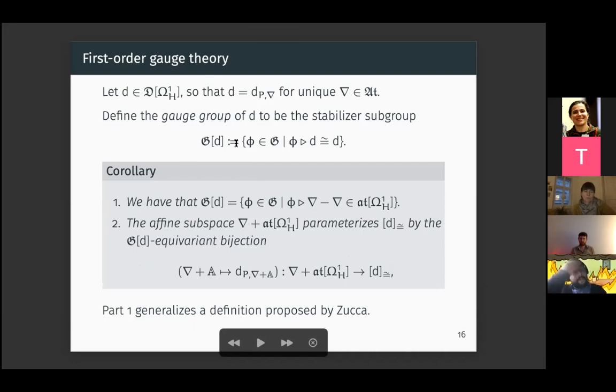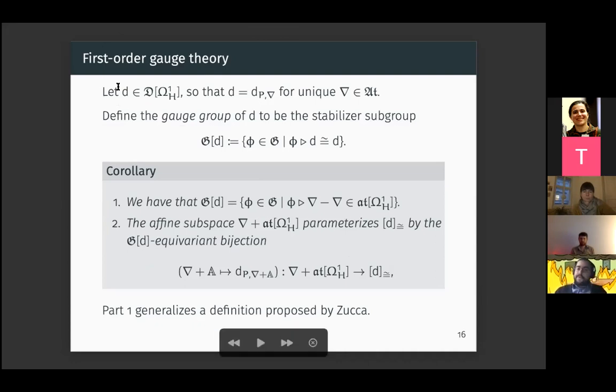So I commented earlier that there seems to be this very basic technical difficulty of understanding what it means for a gauge transformation of a quantum principal bundle to actually respect some sort of non-universal differential calculus. Well, I claim that here we have a pretty good candidate for what that should mean.